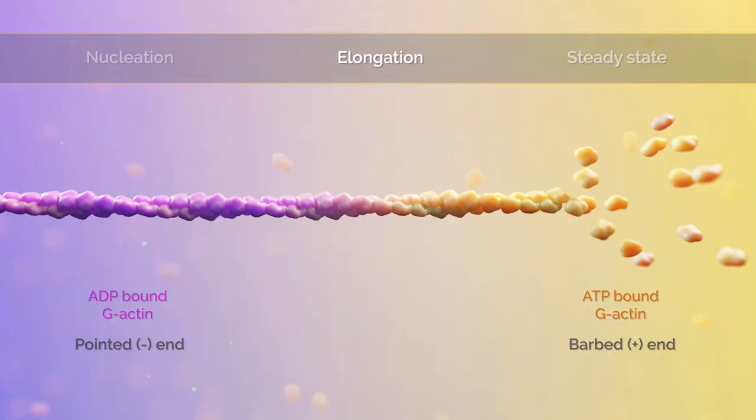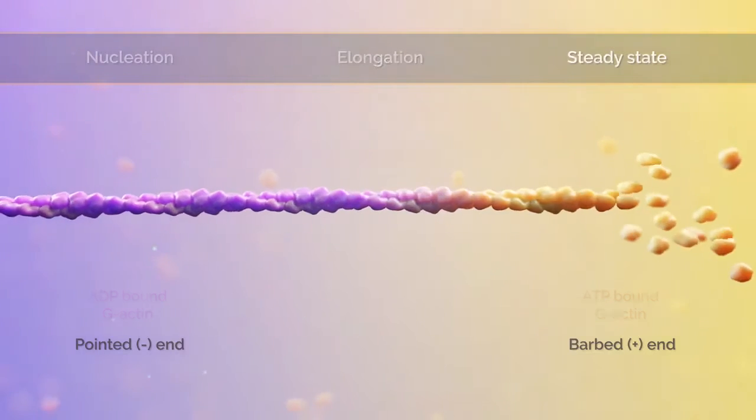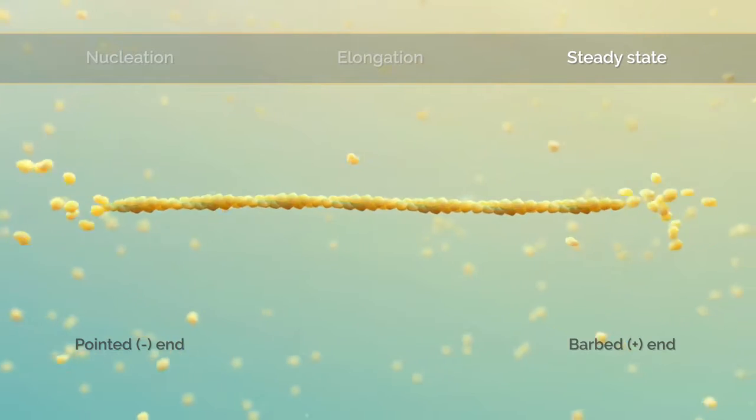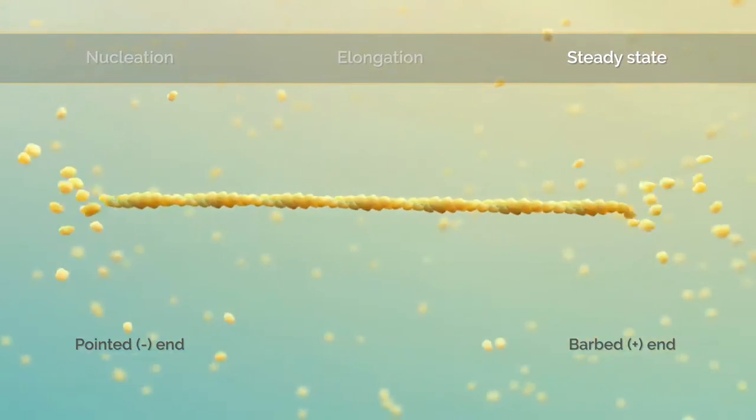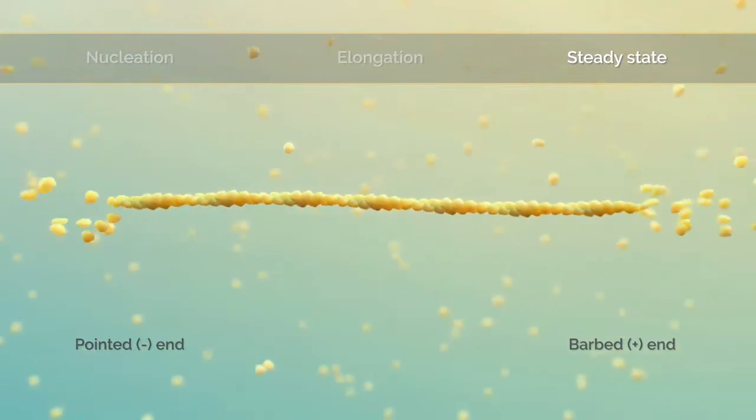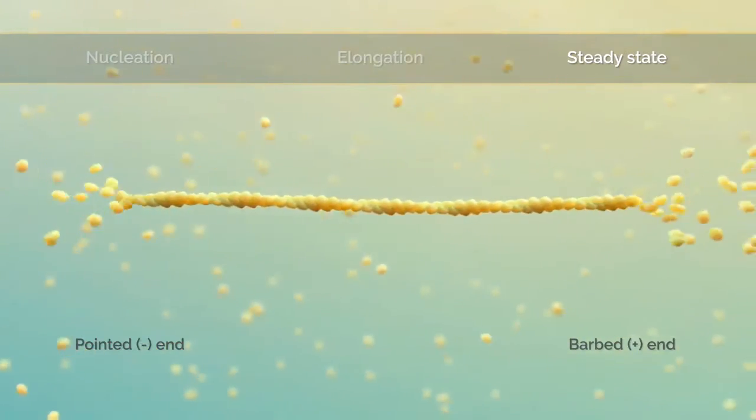These G-actins dissociate more readily than the ATP-bound G-actins at the barbed end of the filament. Thus, actin filaments undergo treadmilling. As the reaction reaches a steady state, G-actin monomers are constantly added to the barbed end and removed from the pointed end of the filament.